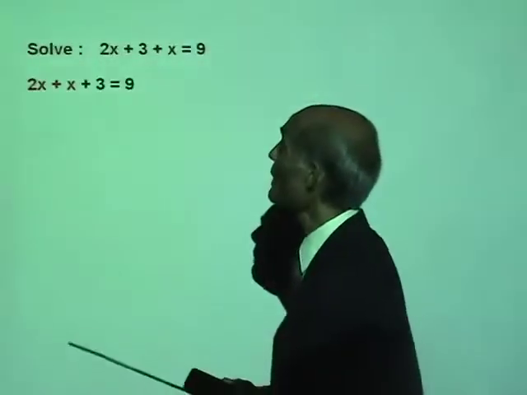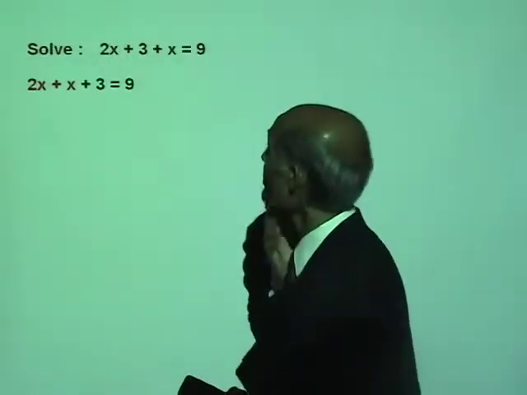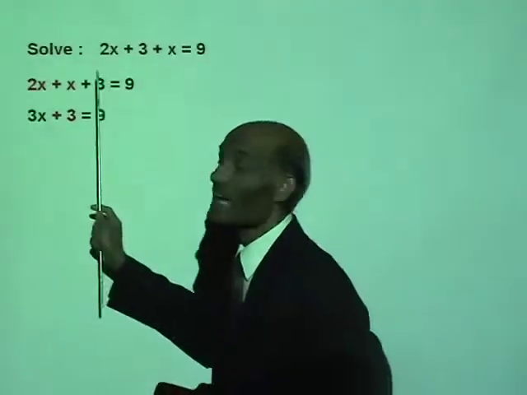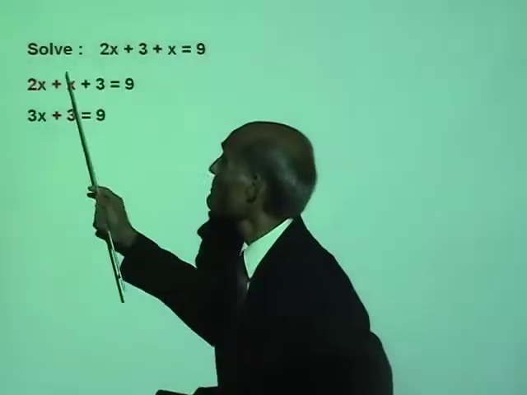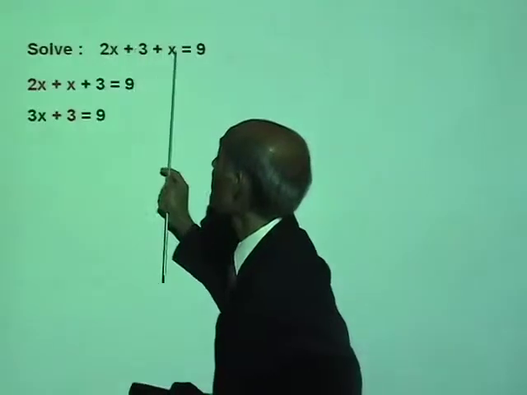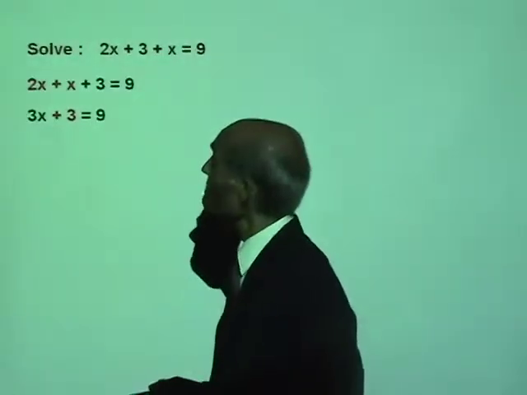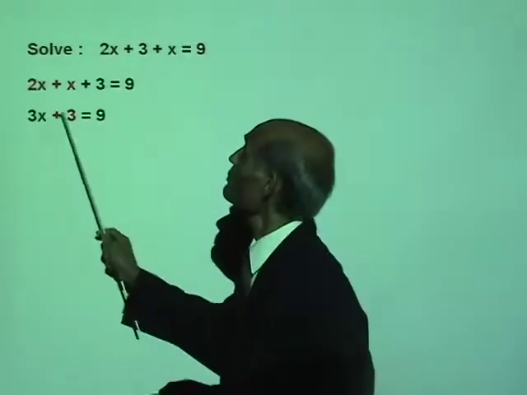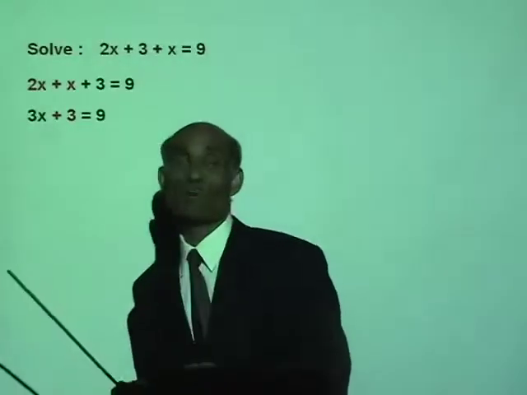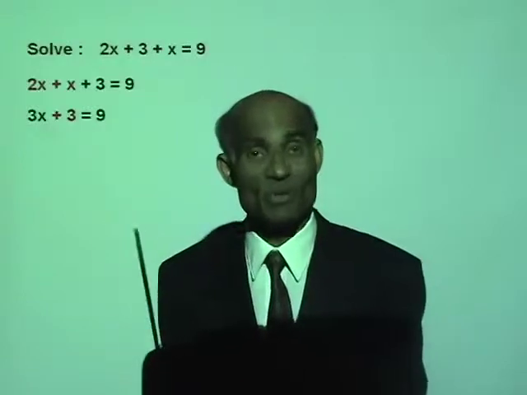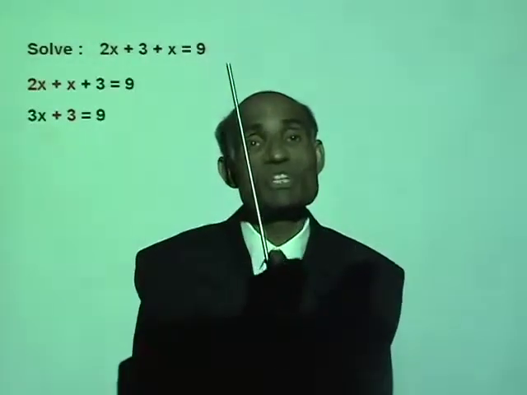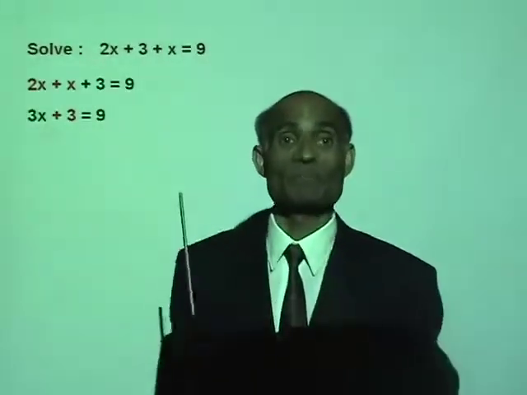Write down that equation, and combine like terms on the left side. 2x plus x equal to 3x. So the left side now is 3x plus 3 and the right side equal to 9. Alright, we combined the terms in x on the left.